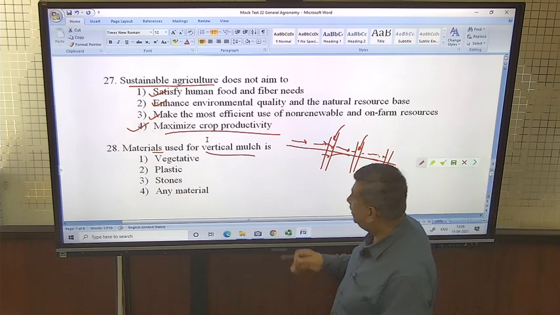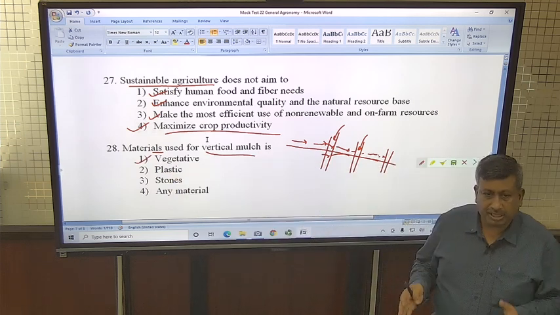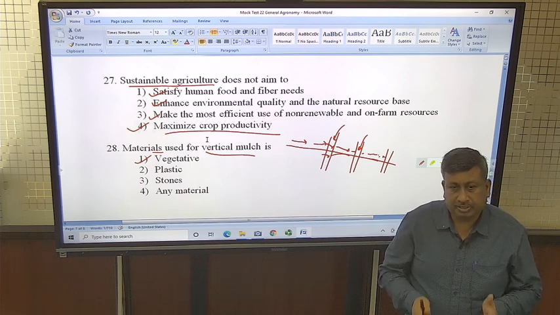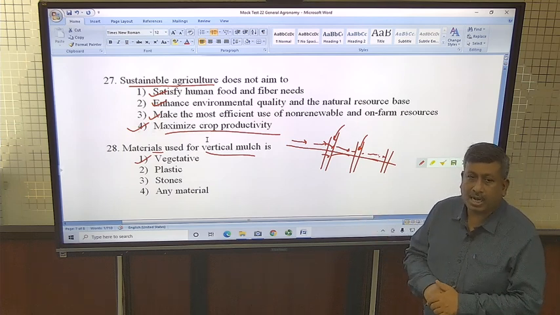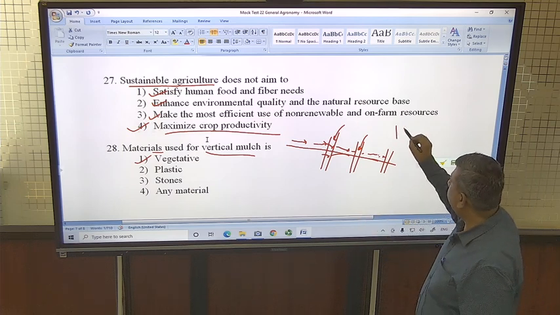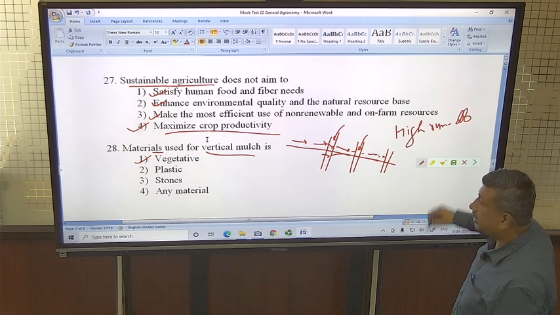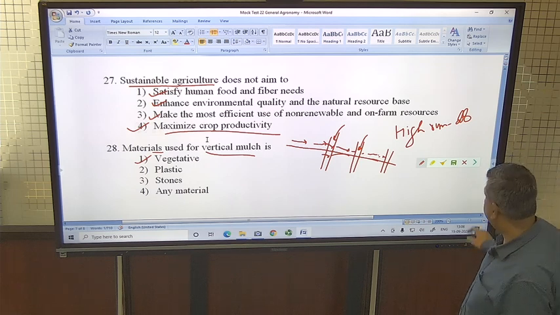So that's why vegetative material is used for vertical mulch. This mulch material is put vertically into the trench, so that's why it is known as vertical mulch. It is used in high runoff areas where runoff is a problem. So this question may be asked, in which area is vertical mulch used? In high runoff area.